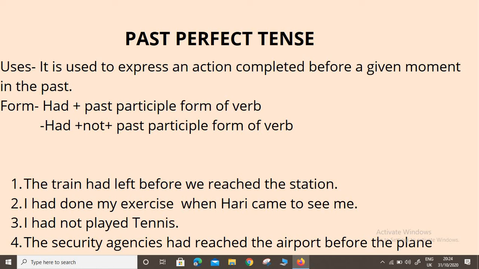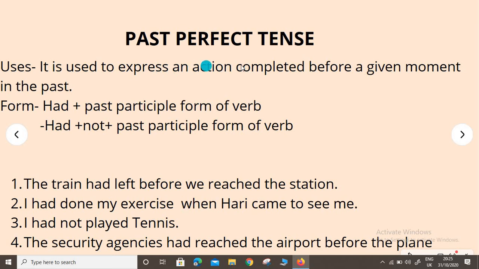In order to make past perfect tense, we sometimes make a mistake. We generally use had at random, wherever we want to make a past tense. But that is wrong. We need to make it correct. For example, I had gone to Delhi yesterday. If I make the sentence this way, it would be absolutely wrong. What can I make? I went to Delhi yesterday.